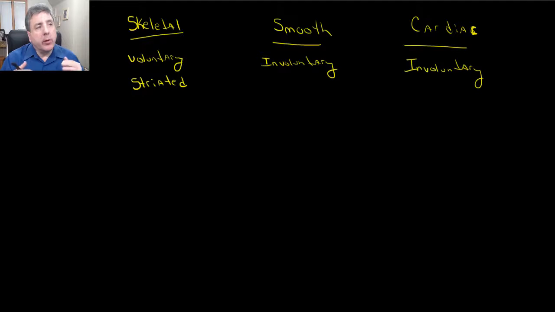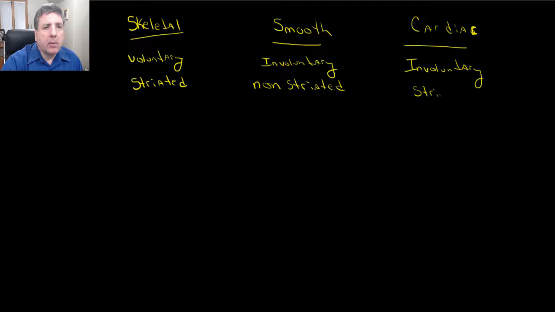Okay, so in skeletal muscle, they're nicely lined up in a uniform pattern, so you can see them. Smooth muscle is non-striated. So if you were to look under a microscope, you don't see those light and dark lines. You don't see those striations. Cardiac is striated. Okay.